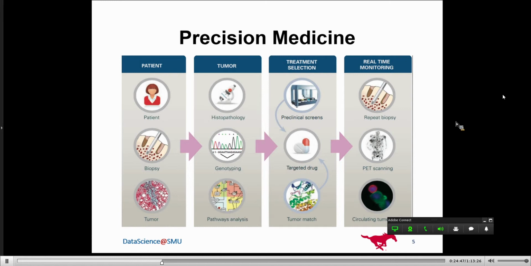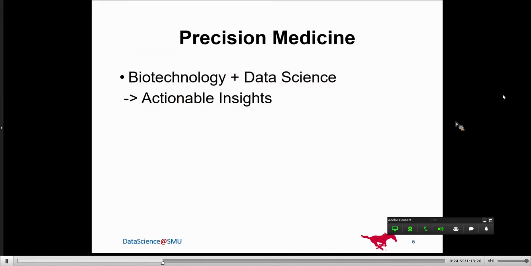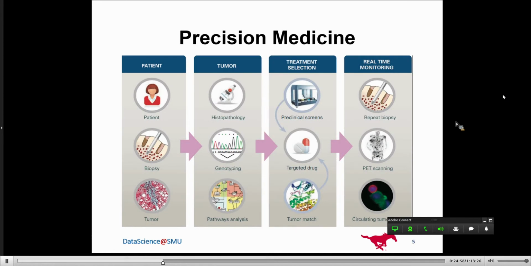And then we test on the sample, either do histopathology exam or genotyping the sample. So after that, based on the results of the test, we decide the best treatment for the patient. Even after the treatment or operation, we can still monitor the circulating tumor DNA changes by using the liquid biopsy.